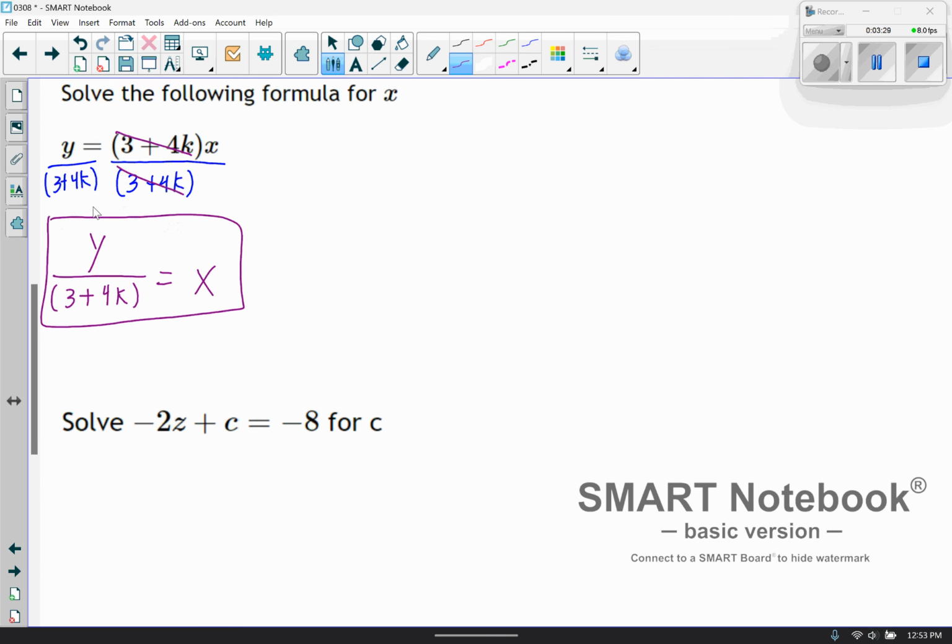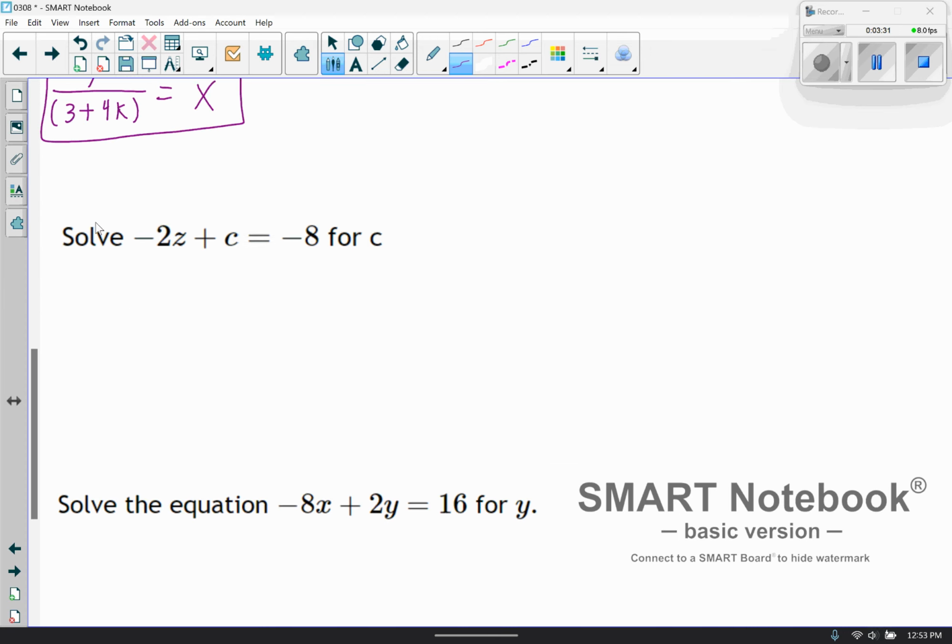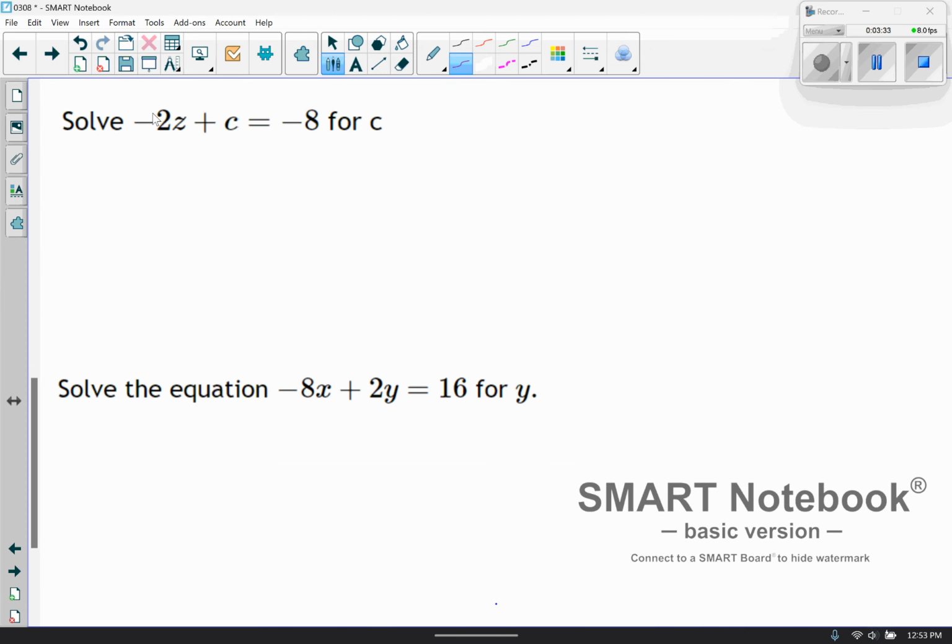Okay, on our next one here, it says solve negative 2z plus c is equal to negative 8, and they want us to solve for c. So I want to isolate c. So I don't like having the negative 2z. So to nullify that, to knock it out, I'm going to add 2z, and those will cancel each other out.